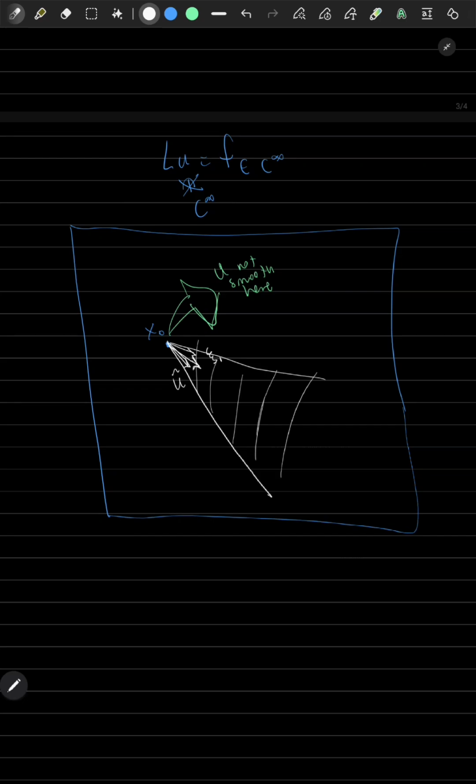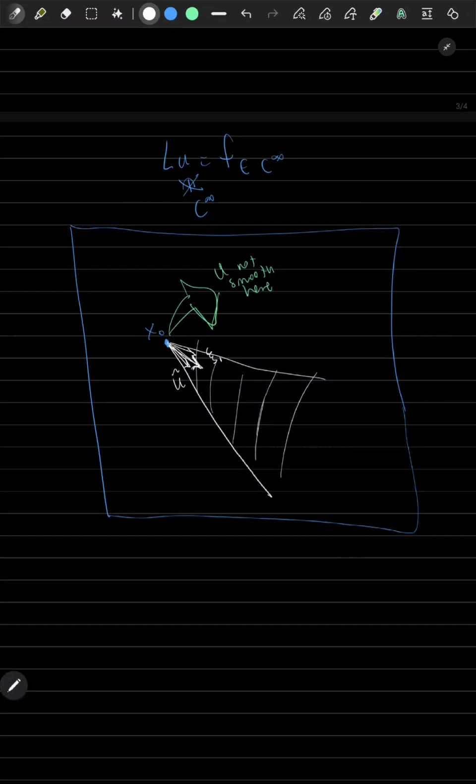And if it decays as fast as possible, we can say that in this direction, xi1, and at this chosen point x0, we have that U is, in a sense, smooth.